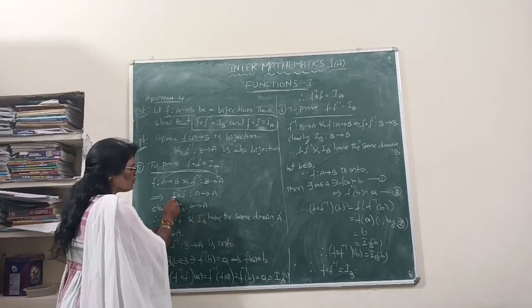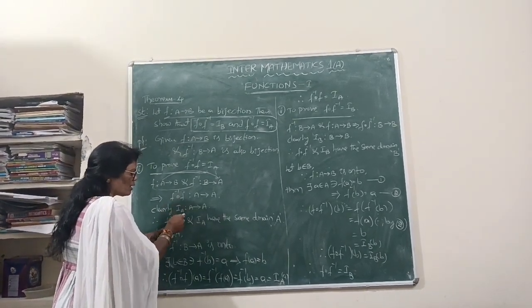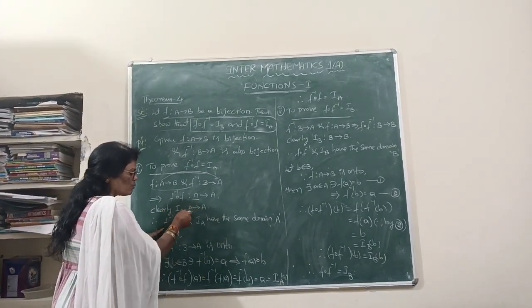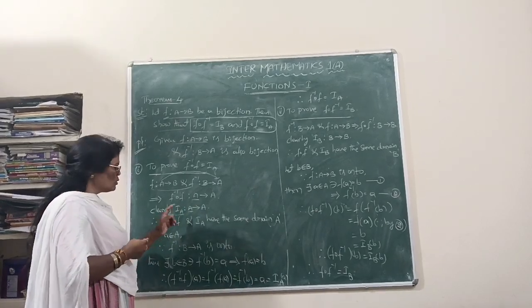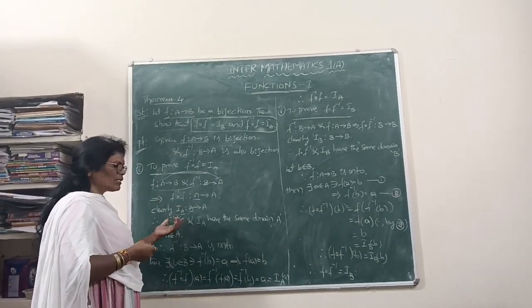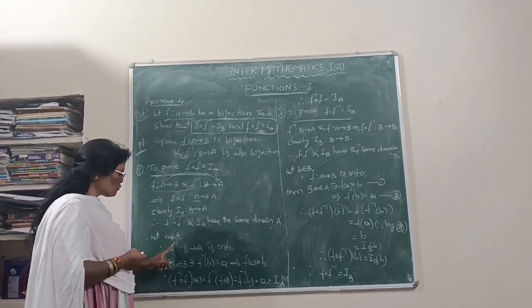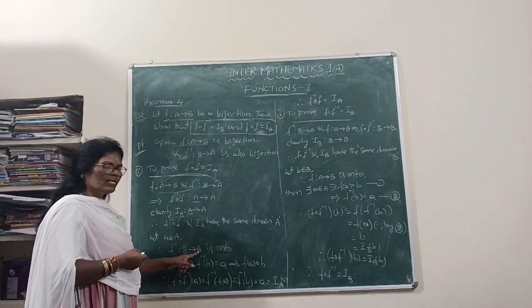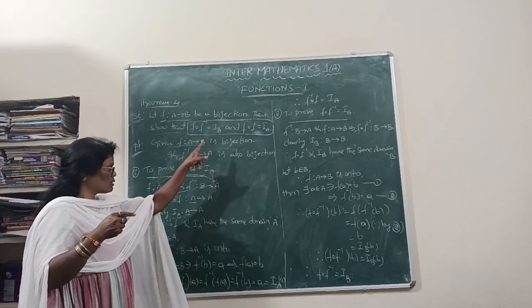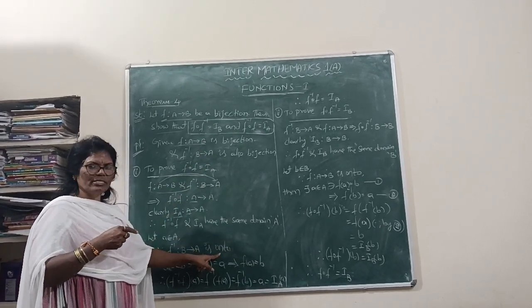So here f inverse composite f and IA have the same domain. Let a be any element in capital A. The inverse of this function is a mapping from B to A, and since it is bijective, it satisfies the onto condition.